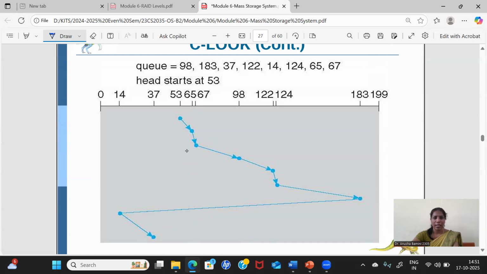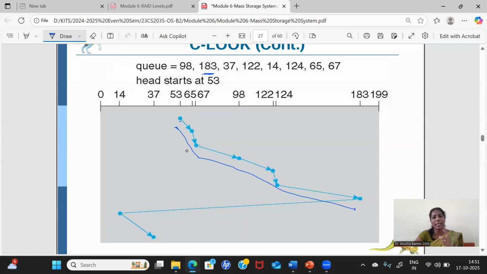See here, the request starts from 53. When moving to the right side, the end request is 183. 183 is my maximum request. On the way, the remaining points I visit: 53 to 65, 67, 98, 122, 124, then 183. I am not moving to 199.